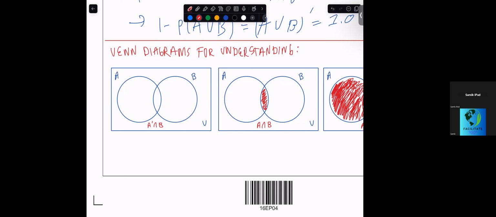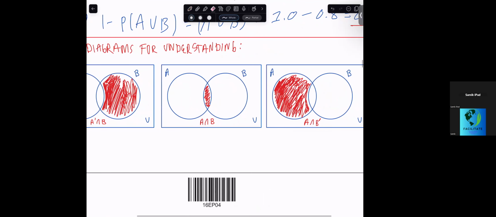So it's just only the probability of B. So this time A is our enemy. So we just only color in this portion. Only this portion. That's it.